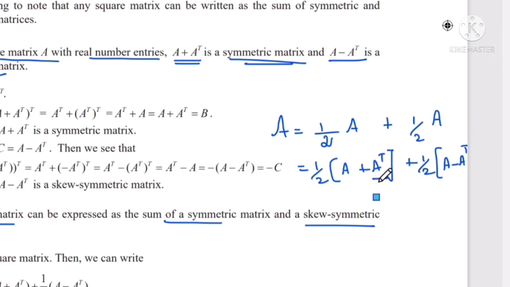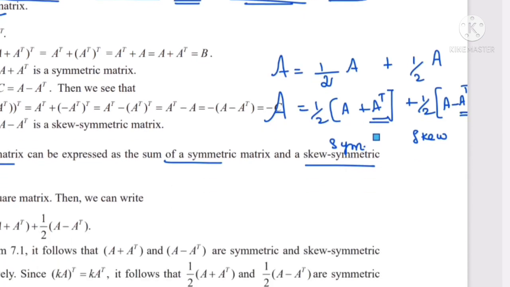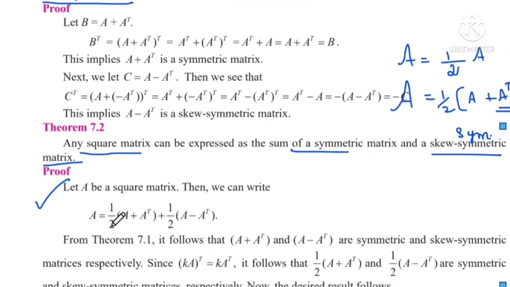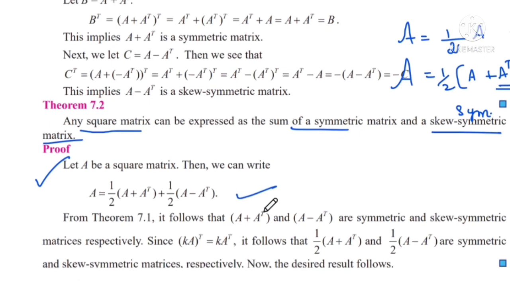You added A transpose here and you have subtracted. And we already know that A plus A transpose is symmetric, and A minus A transpose is skew symmetric. So we can write the matrix A as half of A plus A transpose plus half of A minus A transpose. So how do you write a square matrix as a symmetric and skew symmetric matrix? Half of A plus A transpose plus half of A minus A transpose.